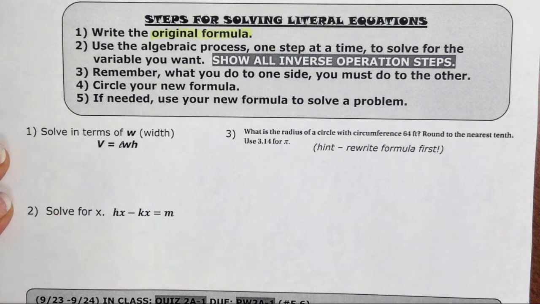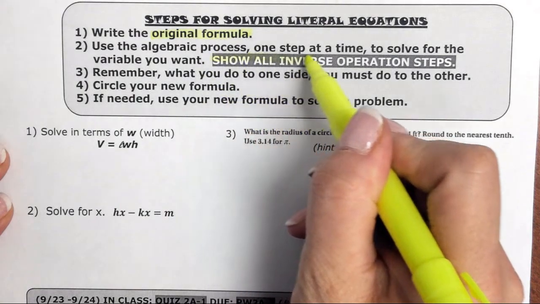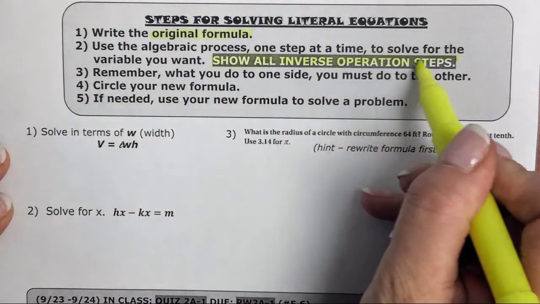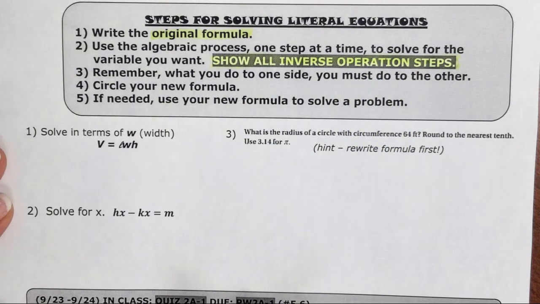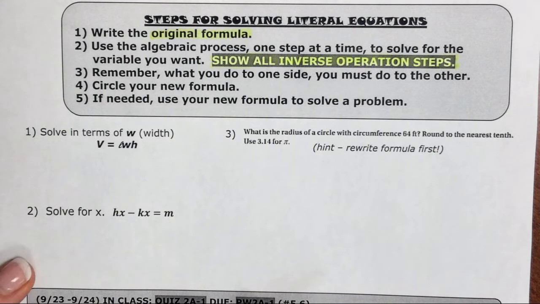Use the algebraic process one step at a time to solve for the variable we want. And this is something different. I do need you to show me the inverse operation steps. We haven't really been doing that much this unit, but we need to do it for literal equations because it will get rather confusing otherwise. And remember, what you do to one side, you must do to the other.